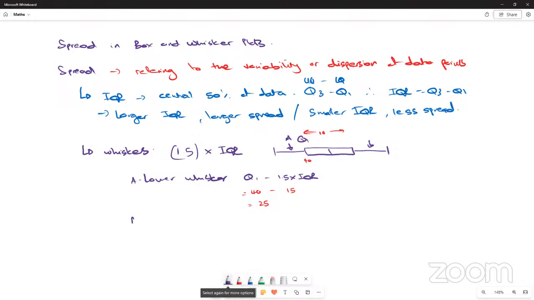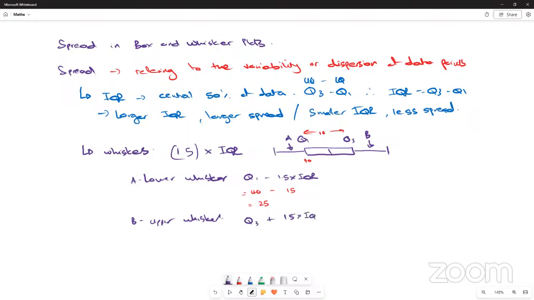All right. And then if I go to my upper whisker, basically looking at where it lands on the whisker itself, I'm going to call this one B. We would do the same calculation, and we would take Q3 and add that same amount.